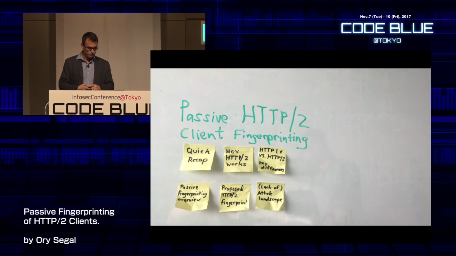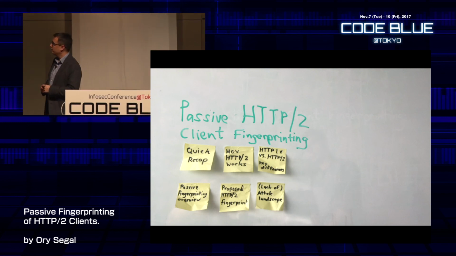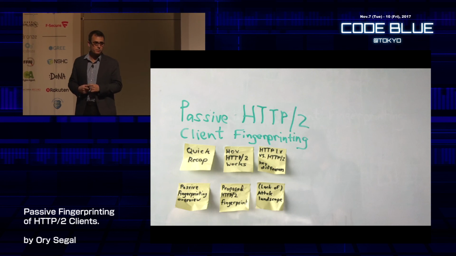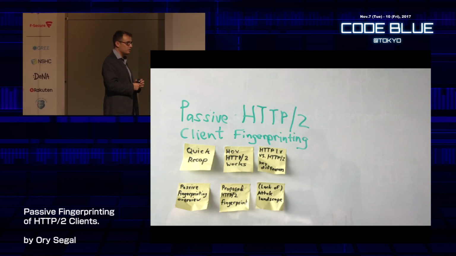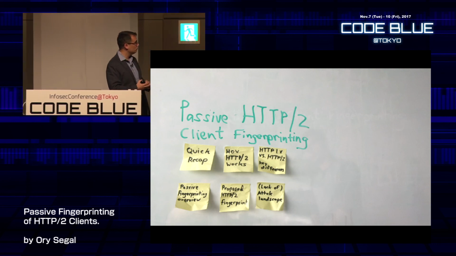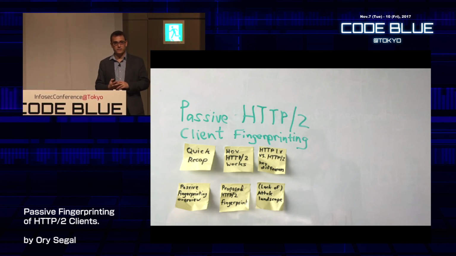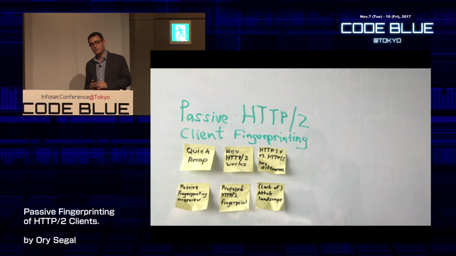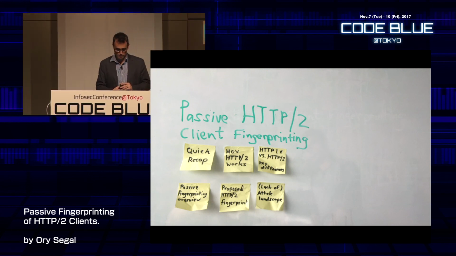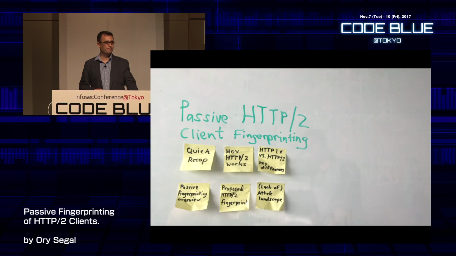We talked about the differences between HTTP 1 and HTTP2. We talked a little bit about what passive fingerprinting is, and we also discussed how you do passive fingerprinting with HTTP2. And then, sadly, we talked about the lack of an attack landscape for HTTP2. Hopefully, by next year, I'll have some, I don't know if to say better or worse, news for you about this. And that's it. Thank you.